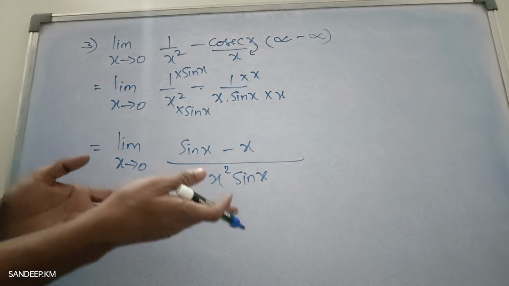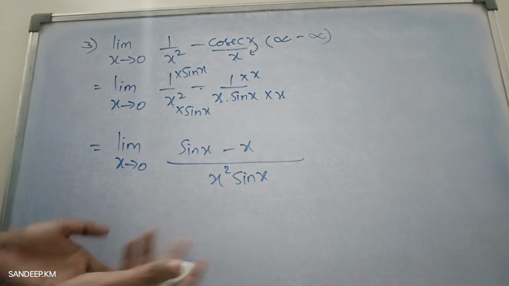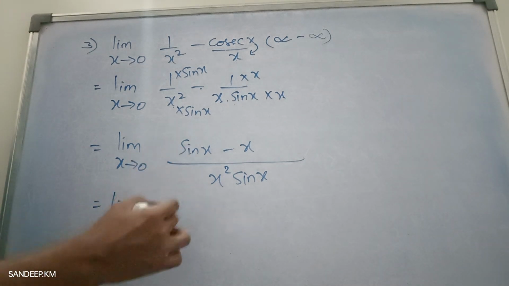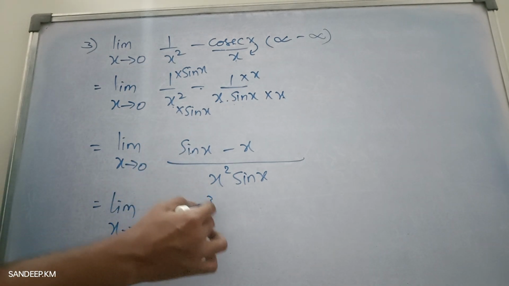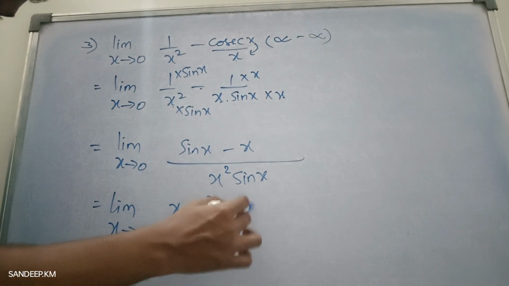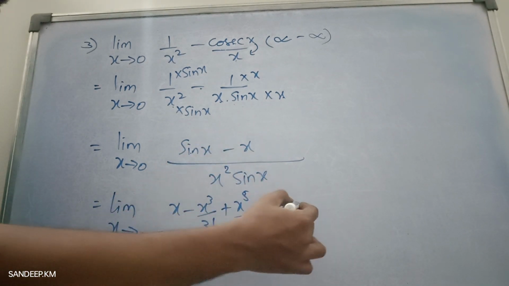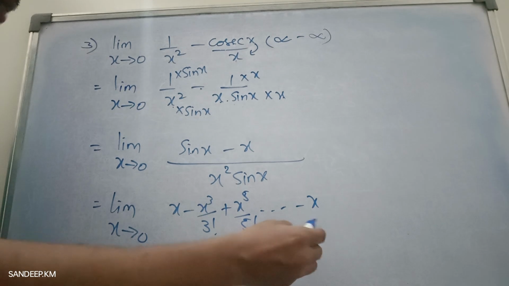Now substitute the expansion of sin x, you will get the answer just like that. Limit x approaches 0, the sin x expansion is x minus x cube by 3 factorial plus x power 5 by 5 factorial and so on. Remaining terms are not needed, you will understand why.